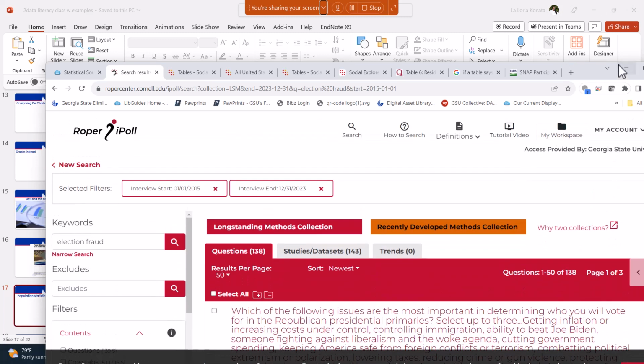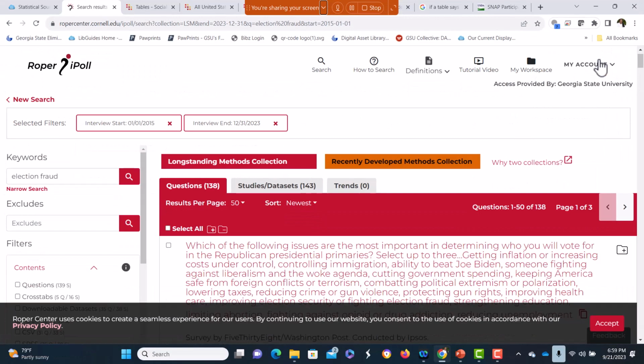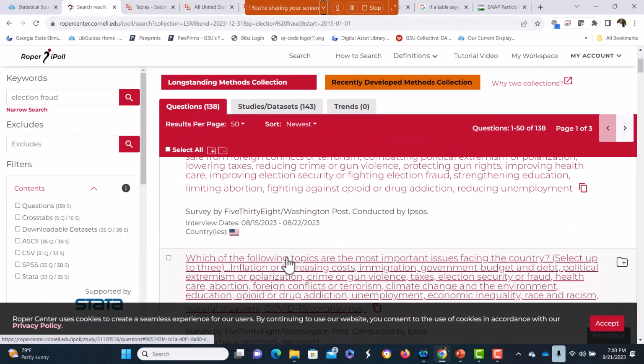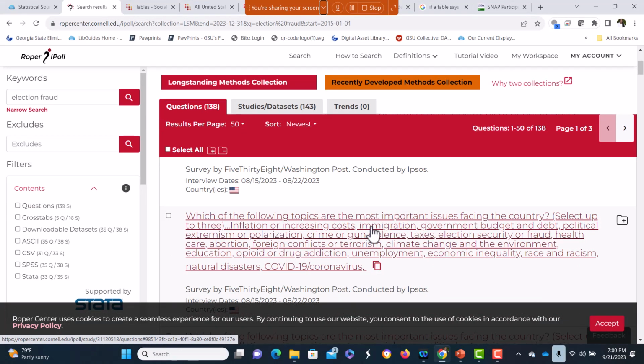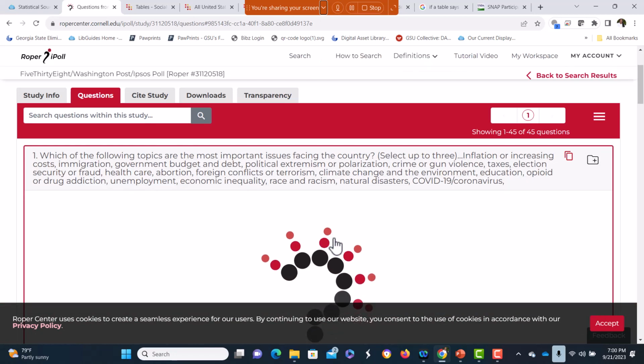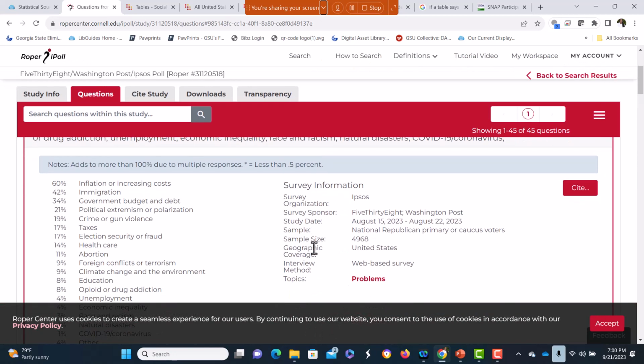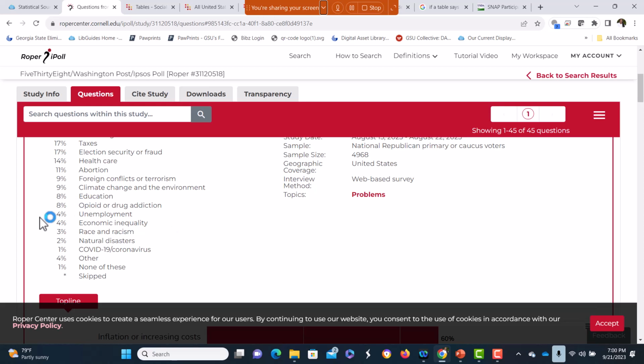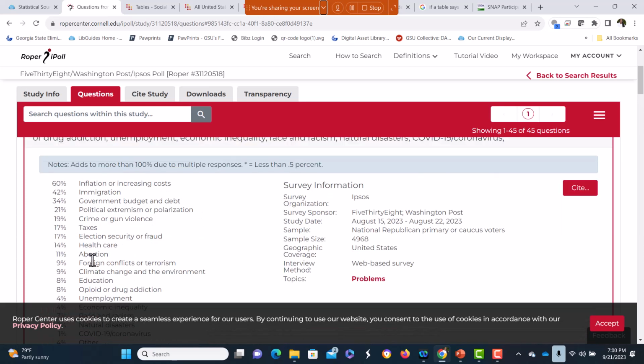So what this does is come up with surveys that have used that as one of the questions. For instance, which of the topics are most important facing the country? And over here, you see the percentages: election security or election fraud is only 17%.